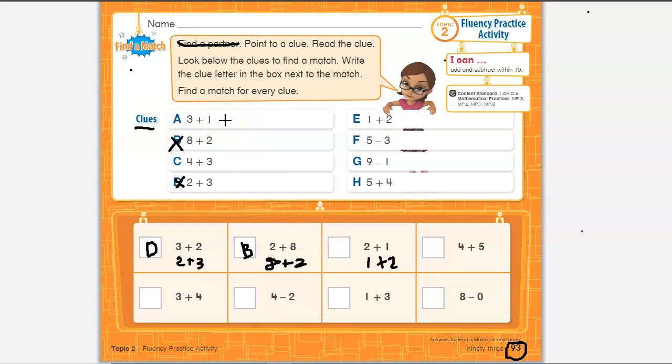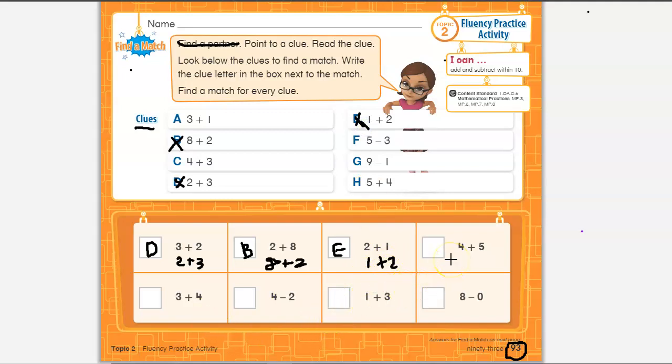So we have 3 plus 1, no. 4 plus 3, no. Let's look at E. E says 1 plus 2. We're looking for 1 plus 2. Awesome. So we are going to put the letter choice E here. So, boys and girls, we are just finding the match for each equation.